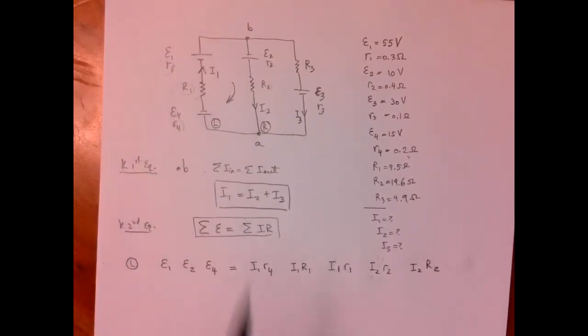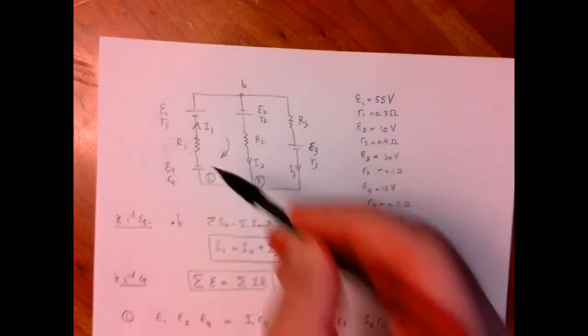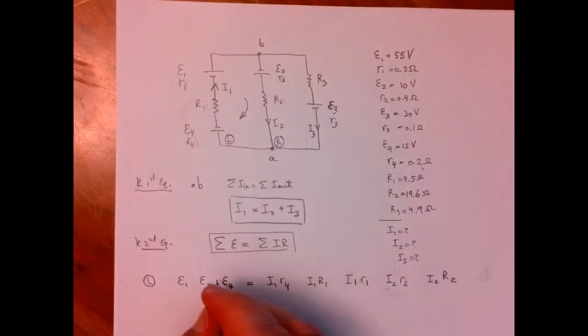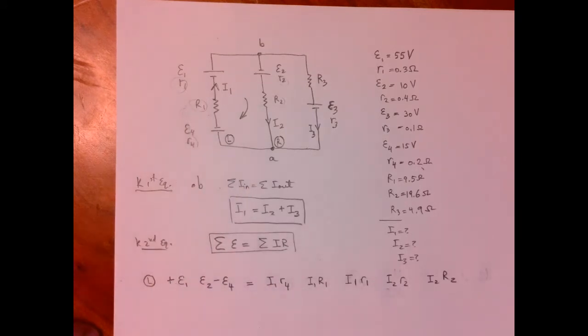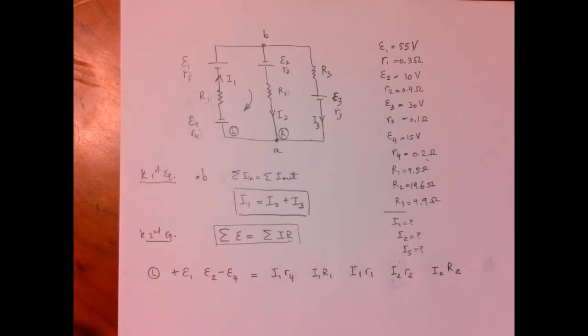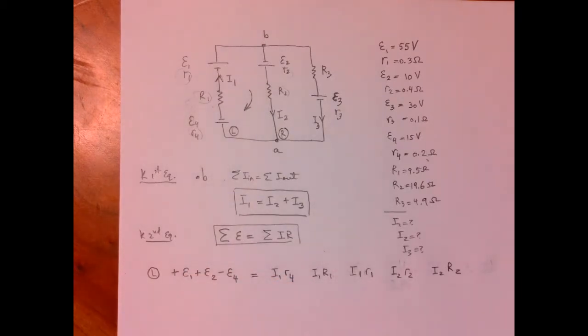So now the question is to find the signs. Well, I'm going around the loop as indicated there. If I look at this, I'm crossing the battery E4 from plus to minus, which means this would be negative. I'm crossing E1 from minus to plus, which makes this one positive. And I'm crossing E2 also from minus to plus.